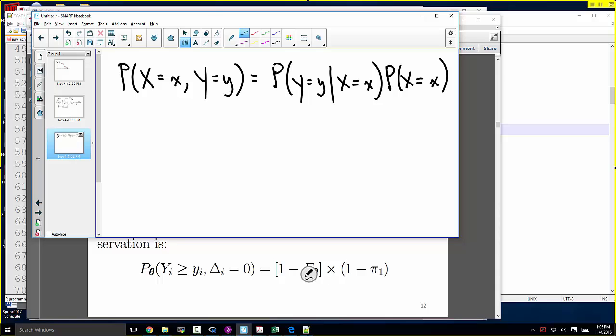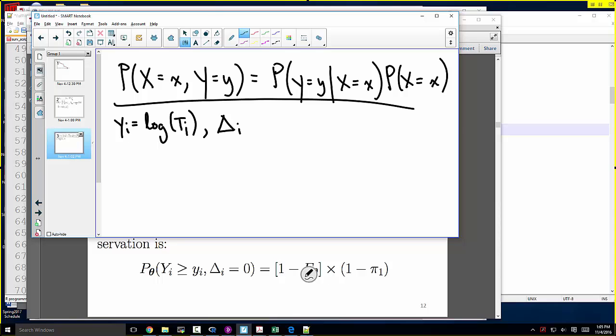In our case, we have yi equal to log ti, and we have the censoring indicator.